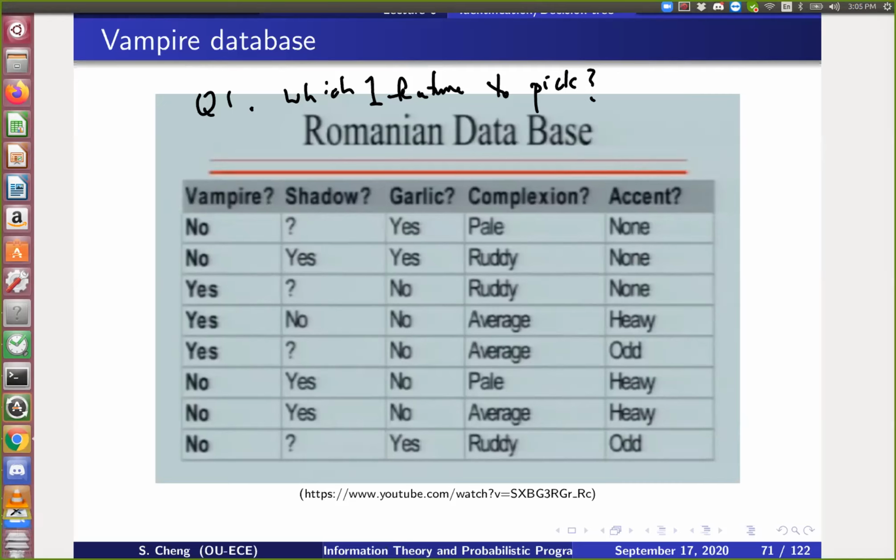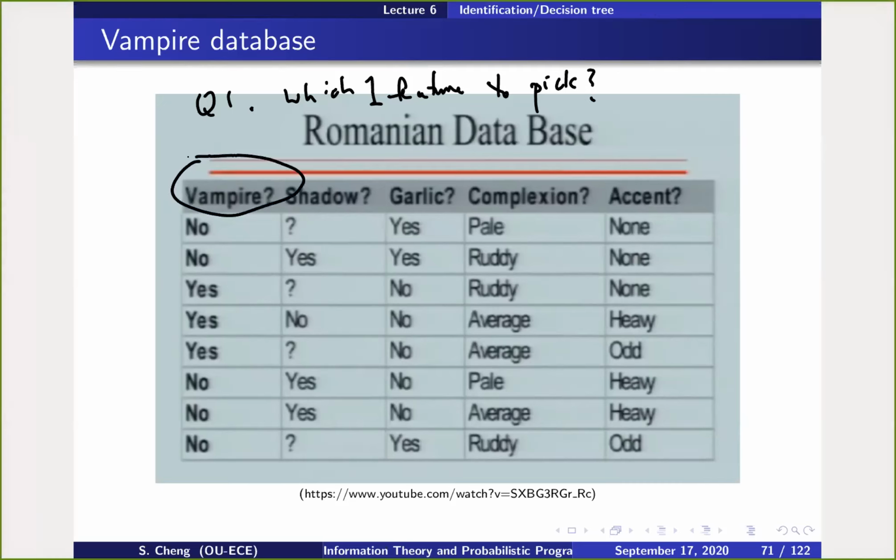So my question is, we have the setting here: we have vampires we want to classify. We have a number of features. Of course, when I say classify, I don't know who is a vampire and who is not. But these are basically the data points, the data set here. There are some people where we realize someone is a vampire, someone is not, and they have these features.